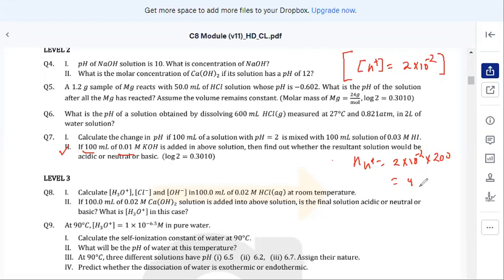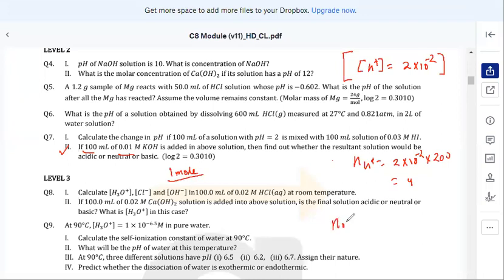Yes, 4. Now, how much is this? This is 1 mole. So 1 mole of OH will neutralize 1 mole of H plus, right?